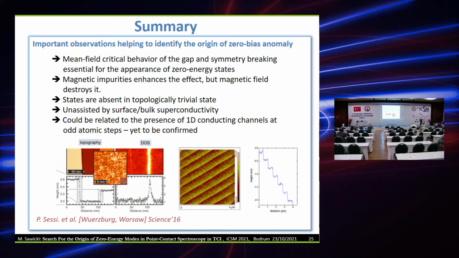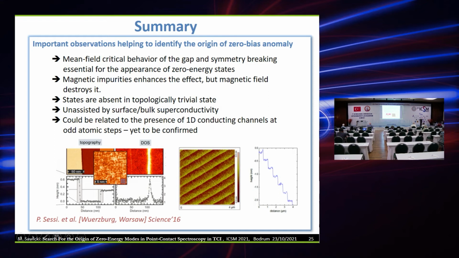So in summary, I wanted to convey the message that in this class of material, zero bias features are ubiquitously observed. They are clearly connected with the topological phase of these materials. They are not present in the trivial case. Actually, they go hand in hand with magnetism. When we introduce magnetic ions and the system turns ferromagnetic, the features are even stronger.